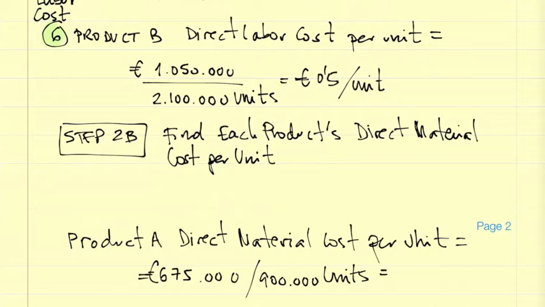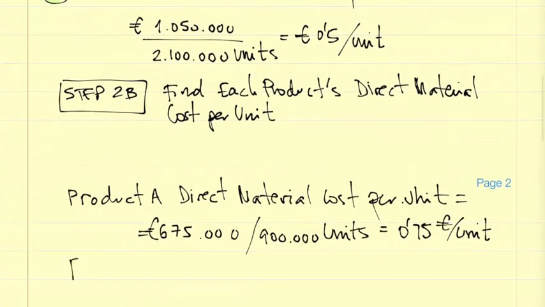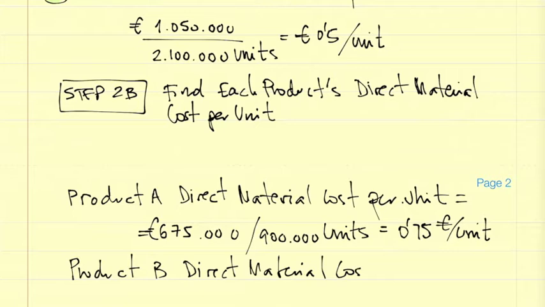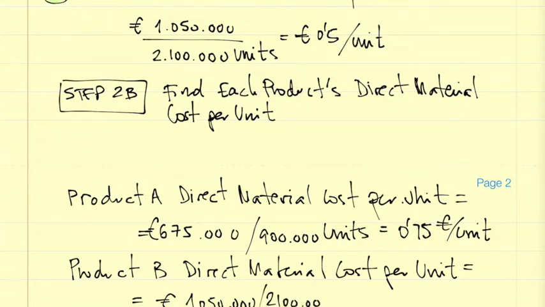This equals 0.75 euros per unit. For product B, direct material cost per unit equals 150,000 divided by 2.1 million units equals 0.5 euro per unit.